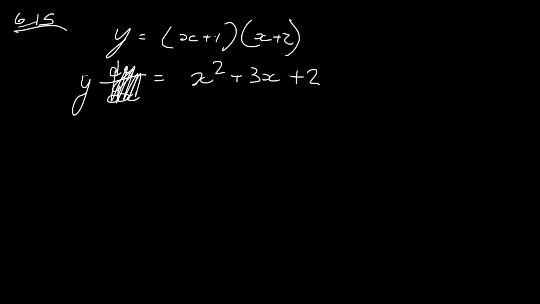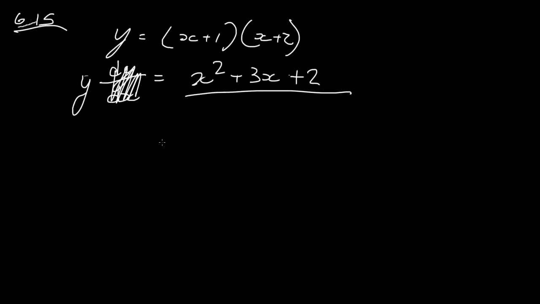You can just multiply out these two brackets and then get this function and differentiate it using the normal polynomial formula for differentiation. So yeah, that's page 615. I'm not going to spend too much time there. You can just multiply everything out and you'll be fine.